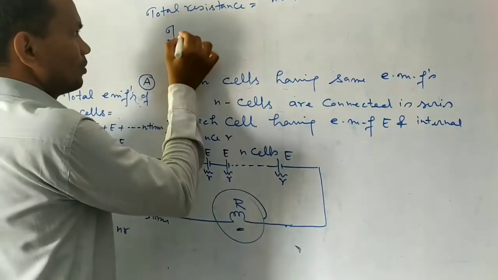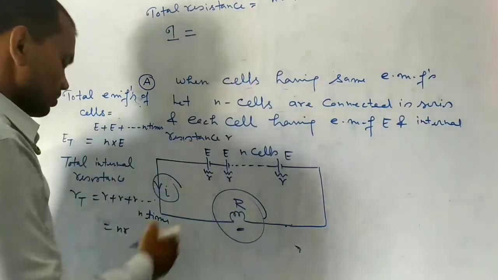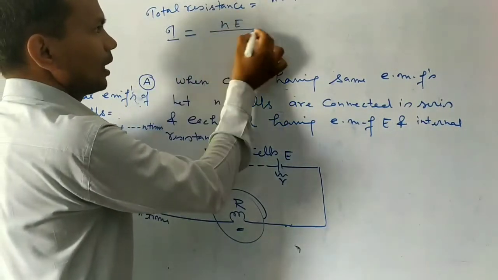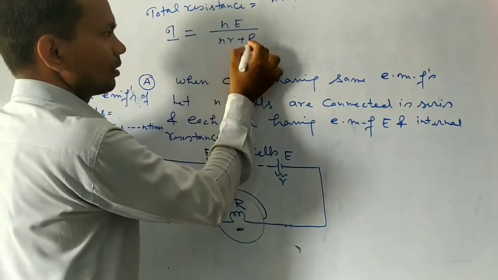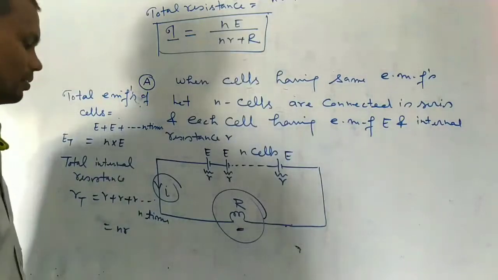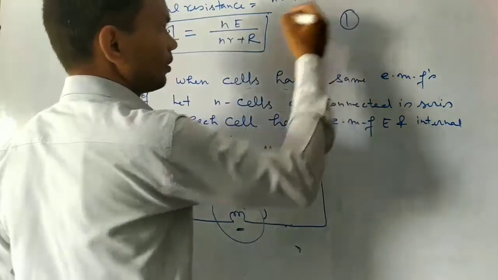So I equals V by R. Here the total EMF is n into E, and here it is nR plus R. This is right. Suppose this is equation 1.